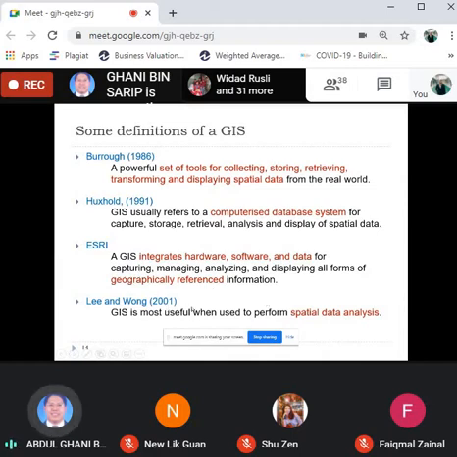And then Liam Wong in 2001 says GIS is most useful when used to perform spatial data analysis. So basically, the main capability of GIS is to perform analysis on spatial data.